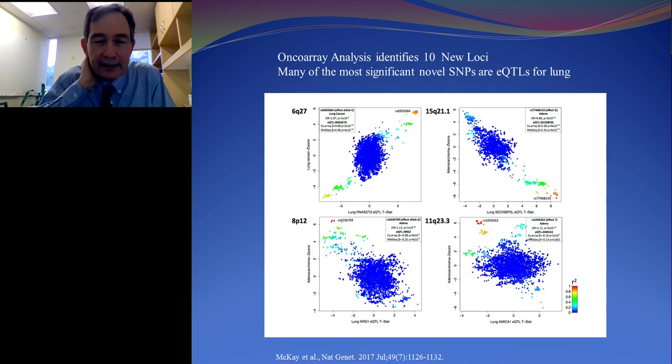So for each SNP in a region, you can see how much of the variability in that expression profile is being explained by the SNP. And on the y-axis, we're showing a z-score for association of the SNP with lung cancer risk.